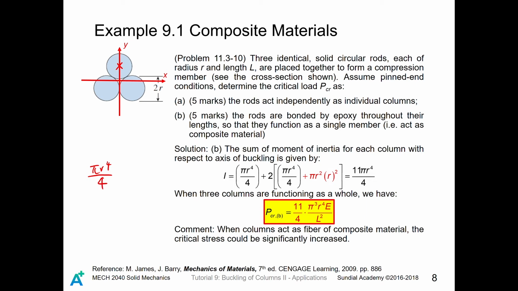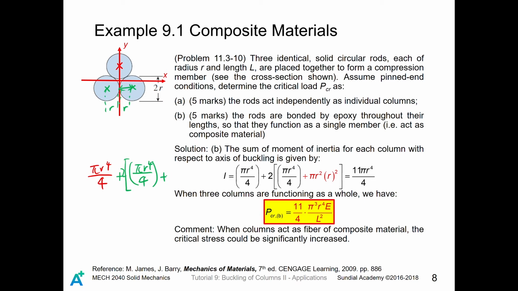But if we calculate the moment of inertia about the y-axis for simplicity, then for the other two columns, although they themselves have a moment of inertia of πr⁴/4, since they have some distance from the axis we are concerned with, and the distance here is r, by the parallel axis theorem we have I plus A d squared.